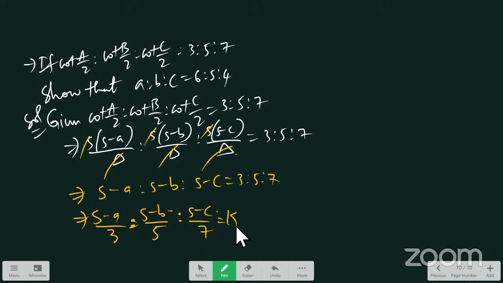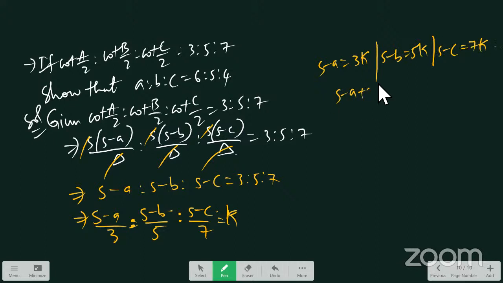Let it be some proportionality constant k. Means s minus a equal to 3k, s minus b equal to 5k, s minus c equal to 7k.